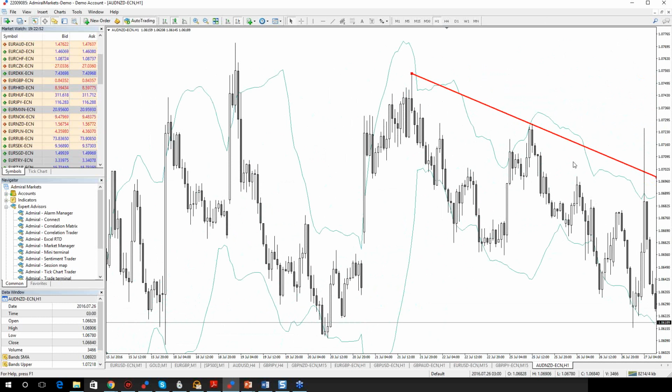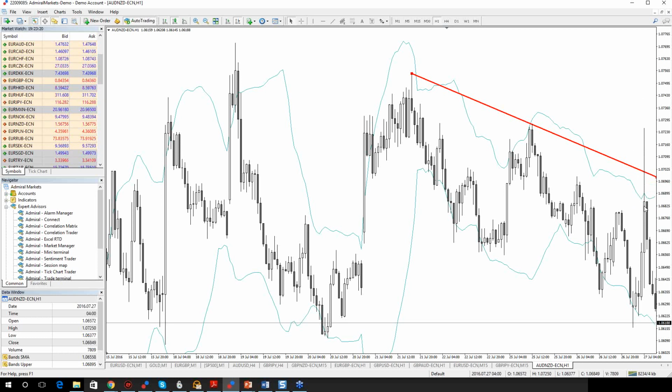And if you want to take a fake out trade, do it either with the system that I presented on how to trade fake outs, or do it this way. This is a fake out. So you simply want to see whether the price will continue above the trend line, or it will go back inside the Bollinger.